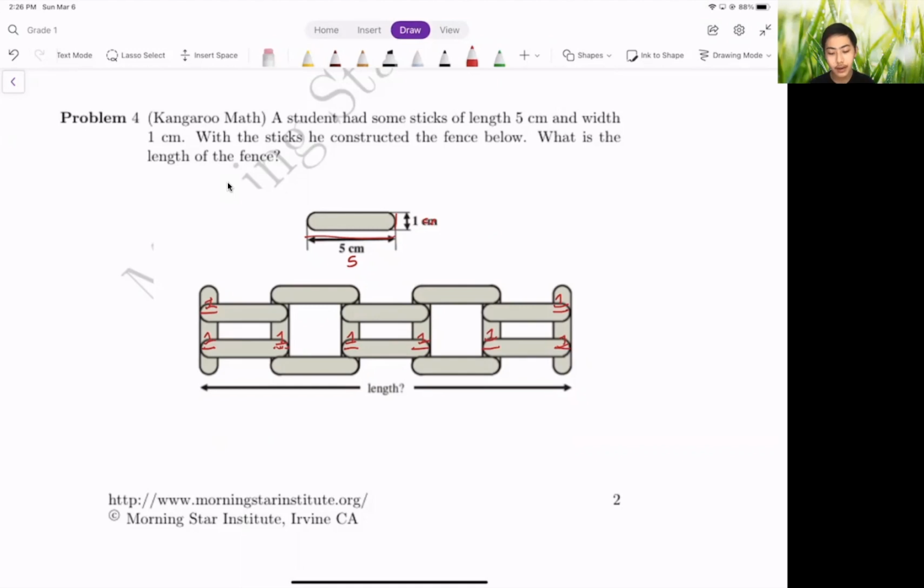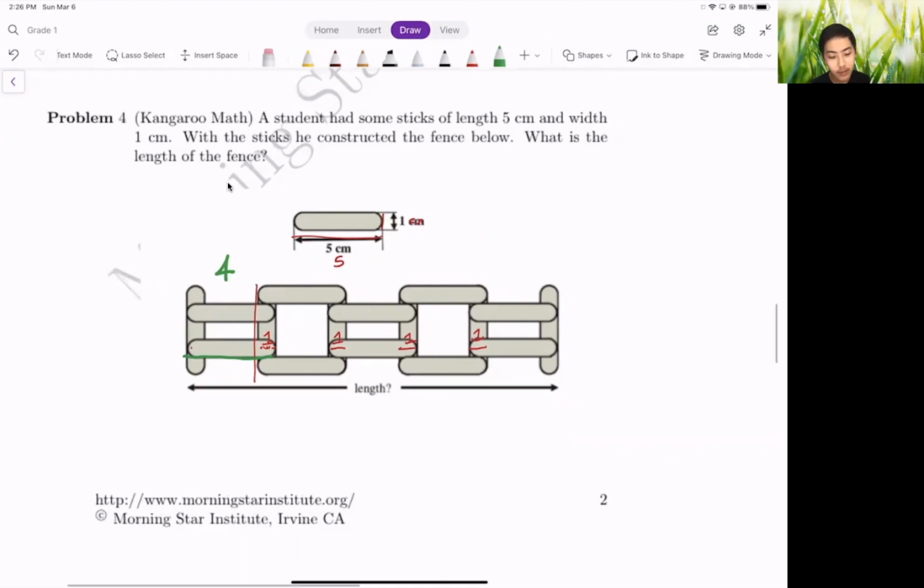Okay, so let's see here. First, we can see that the sides of this, of course, is 4, because as we can see, each length should be 5, but because this is overlapped by this 1, then it's just 5 minus 1, which is 4, so it's 4 over here.